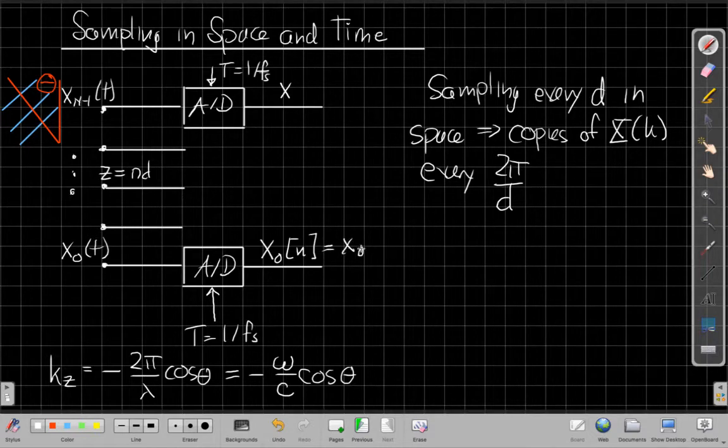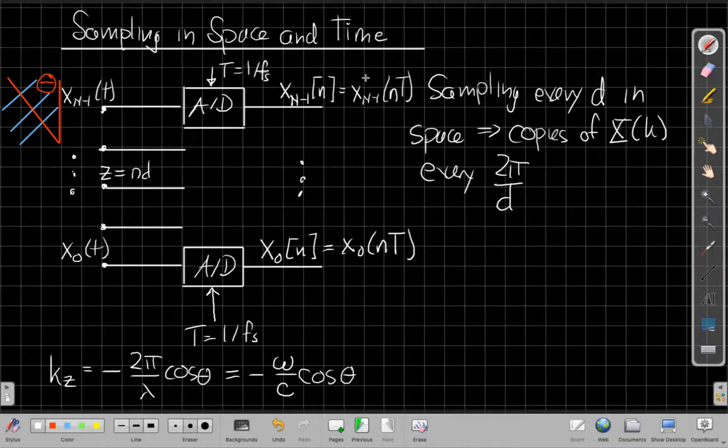This would be x0 of nT, this continuous time signal sampled every nT, and so on up the line for my whole array. So I've now got data that's sampled in space by a uniform line array, sampled in time every T seconds. Right, so just all of them sampled together.